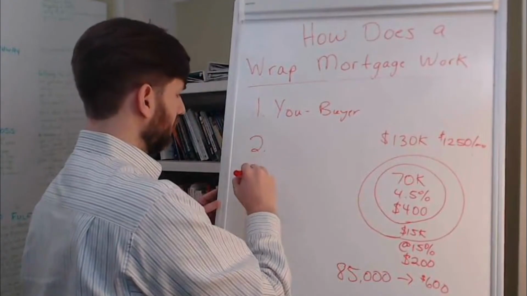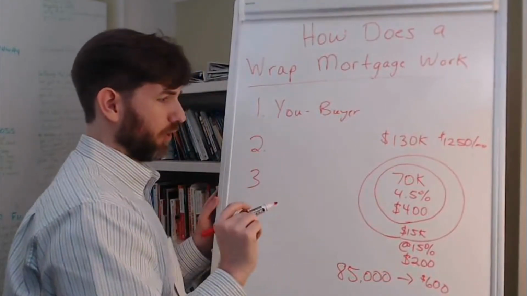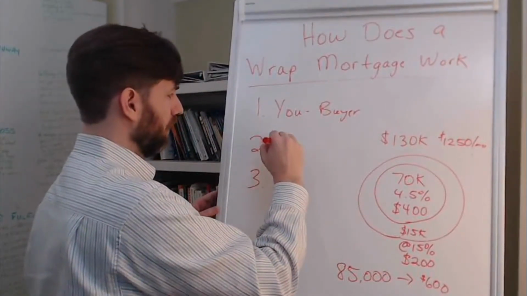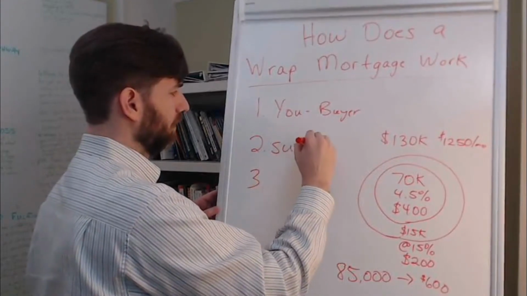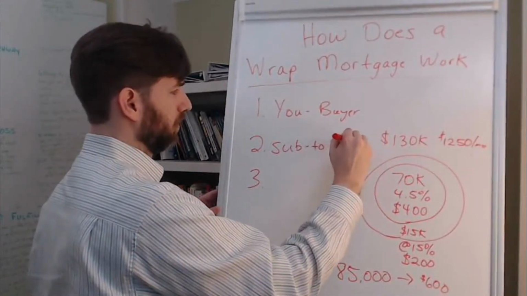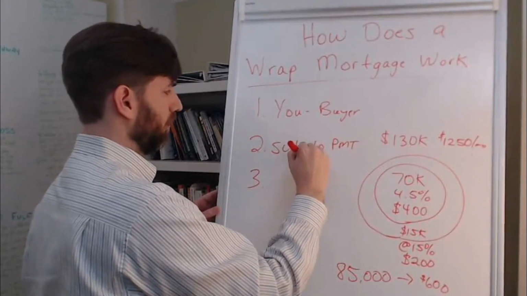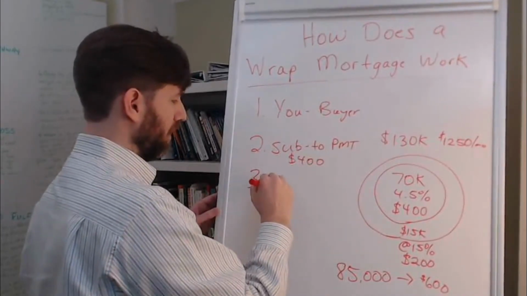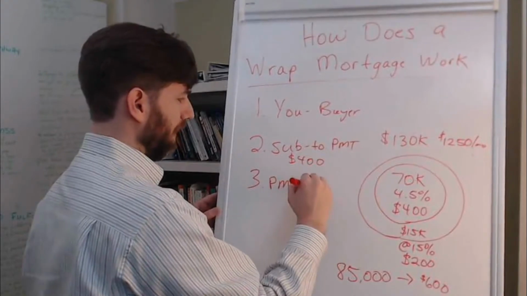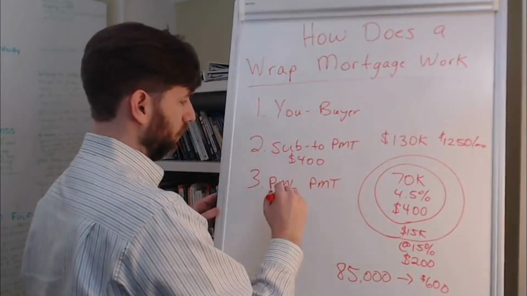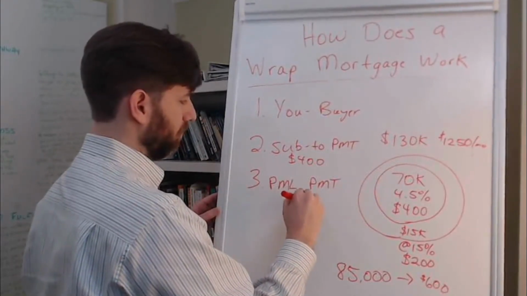So the way this works is you have two choices here. You can make your sub 2 payment, which is $400. We'll put it right here, $400. And then you have your private money loan payment, which is $200.